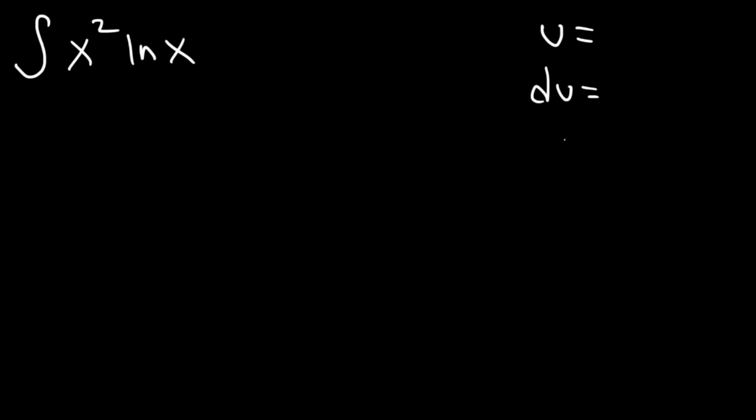Now here's another problem to work on. Let's integrate x squared ln x. So what should we make u and dv equal to in this problem?